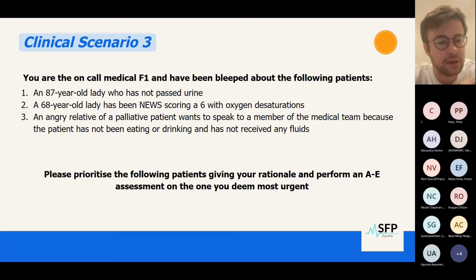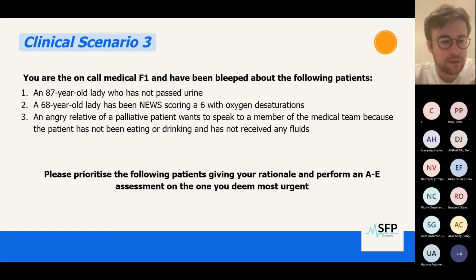The main thing is making sure that you get more information about each of them, especially the first 2, around the clinical picture and how they are, as to whether you need to make an intervention now or they can wait until you've seen the other patient.